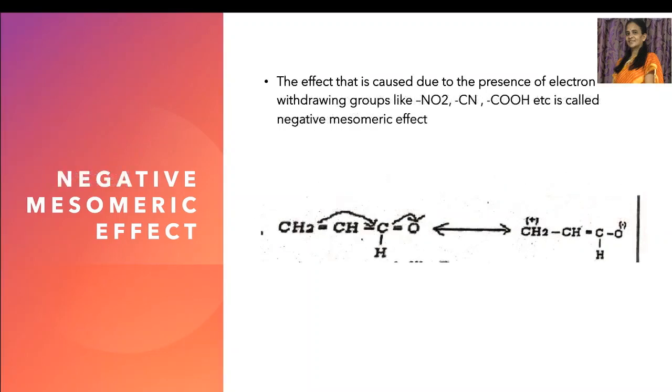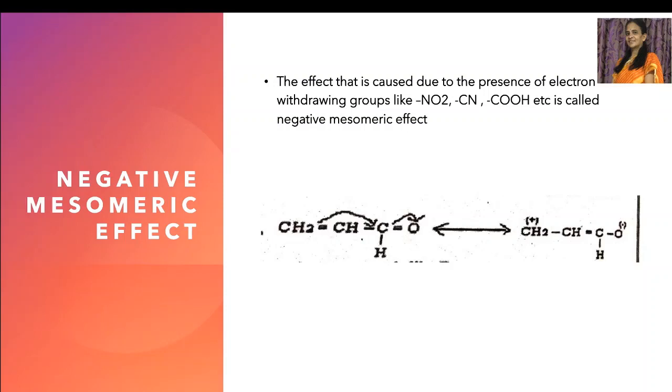Now next let us see negative mesomeric effect. This is the effect that is caused due to the presence of electron withdrawing groups like NO2, cyanide, COOH, etc. Here NO2, CN and COOH are electron withdrawing groups.